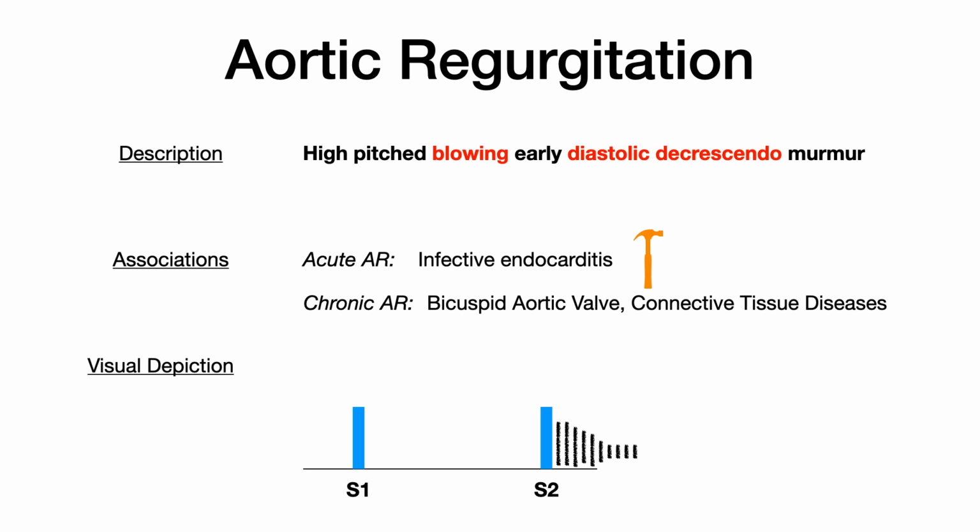Now, when you associate aortic regurgitation, you want to associate it with a few things. And it really depends on if we're talking about an acute aortic regurgitation or a chronic one. Acutely, you want to think infective endocarditis, but more chronically, you want to think about things that alter the structural integrity of the aortic valve. This should make sense.